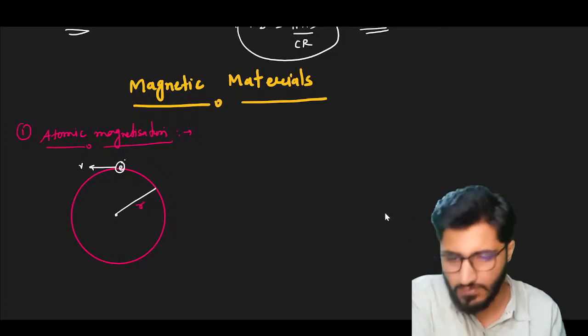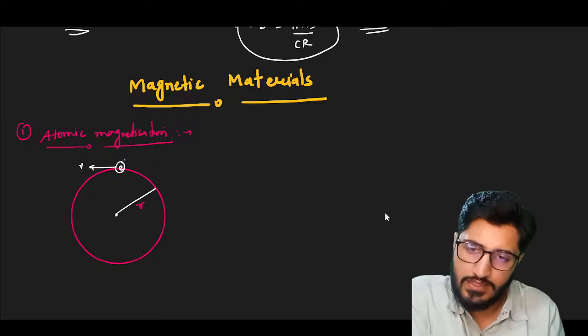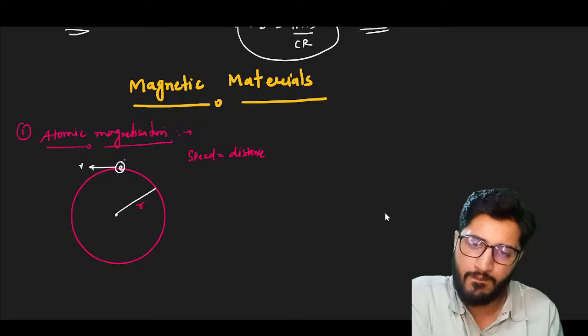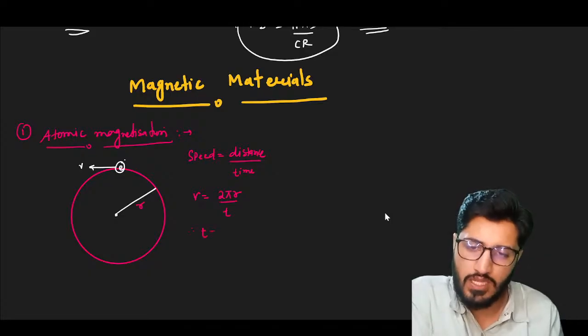Now, what is the speed? One thing we know, that speed equals distance by time. We know this equation from 9th class. Speed is v, distance is 2 pi r, the circumference of the circle, divided by time t. Therefore, time to cover the whole circumference is 2 pi r by v.